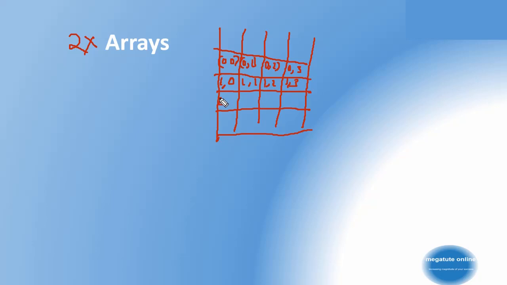Similarly, floor 2, flat 0, flat 1, flat 2, flat 3. Then floor 3, flat 0, flat 1, flat 2, and flat 3. So this is the basic idea of a 2D array.